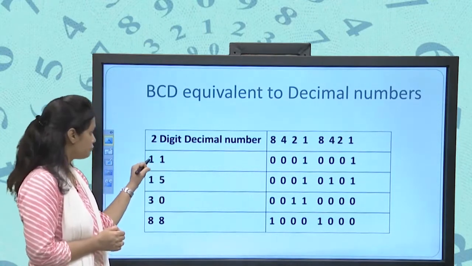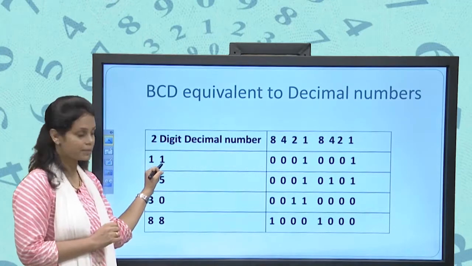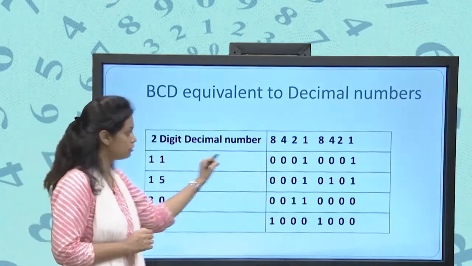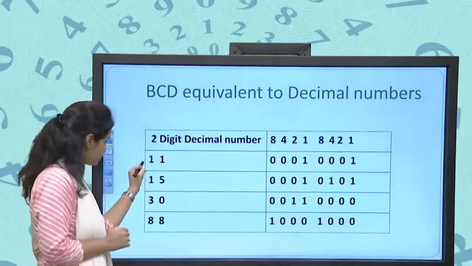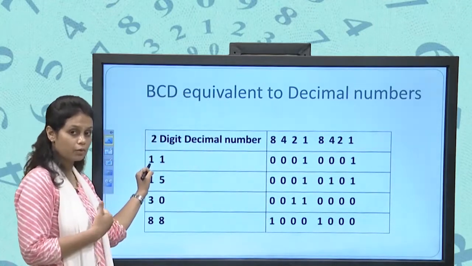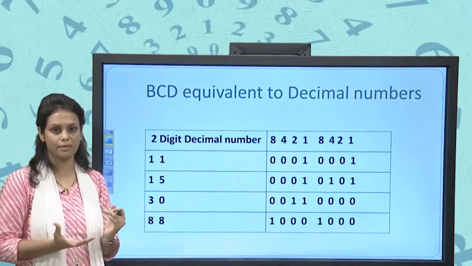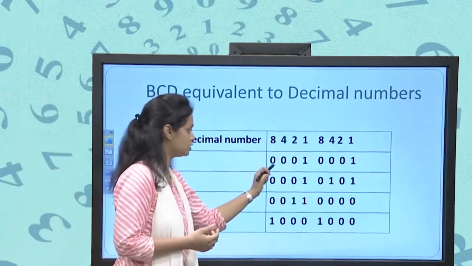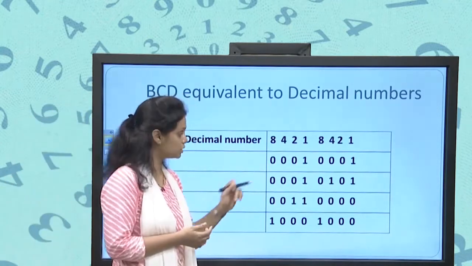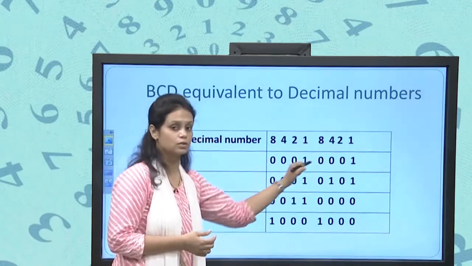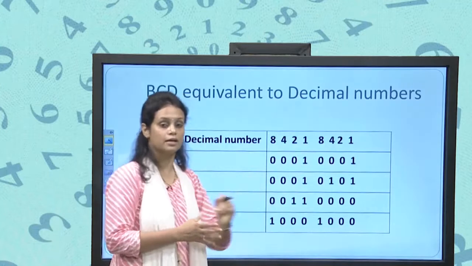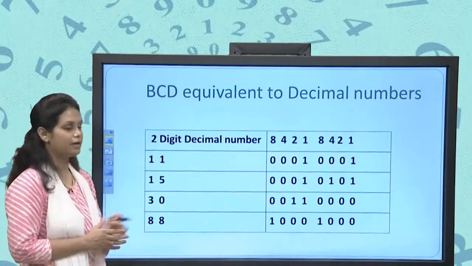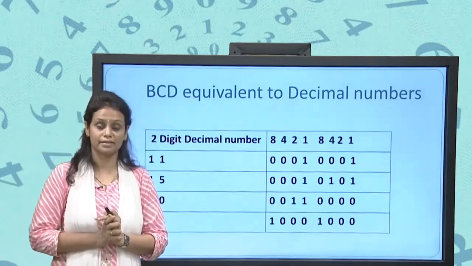So first we represent 1 using 4 bits, this is 0 0 0 1. Again for the next digit we use 4 bits separately, so again we write 0 0 0 1. So this whole combination, 0001 0001, represents 11 in binary coded decimal.